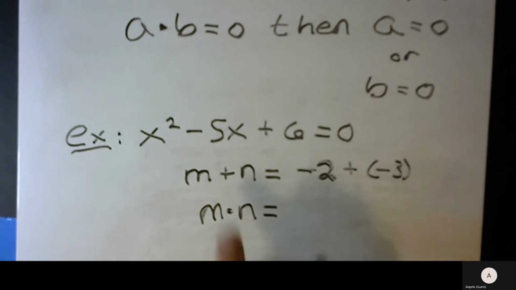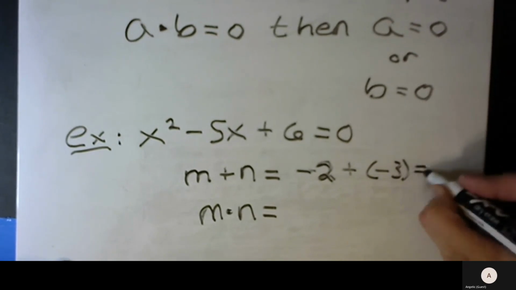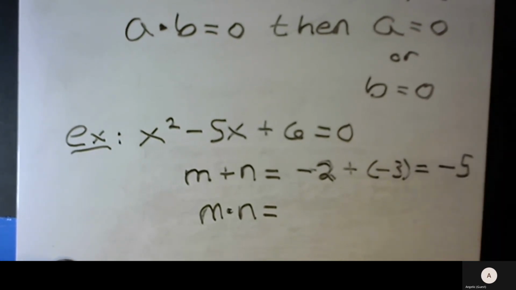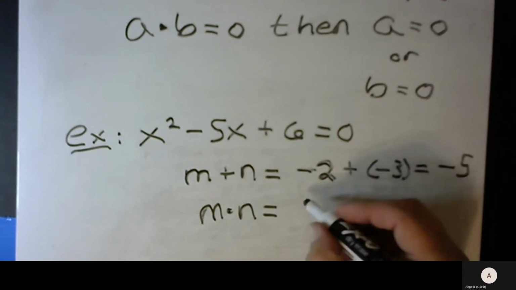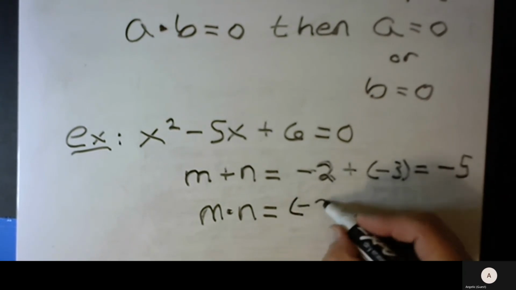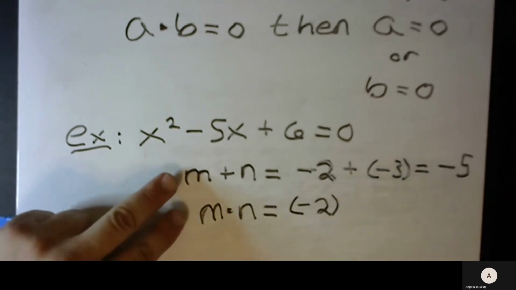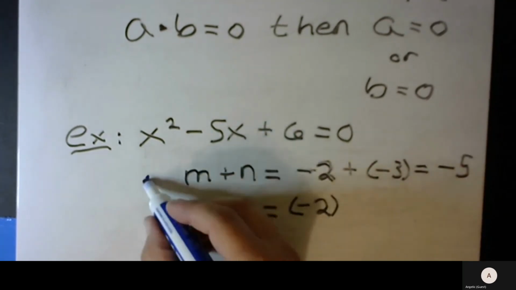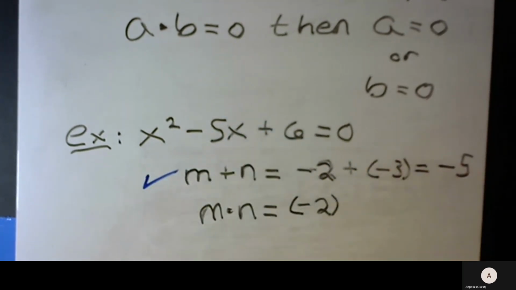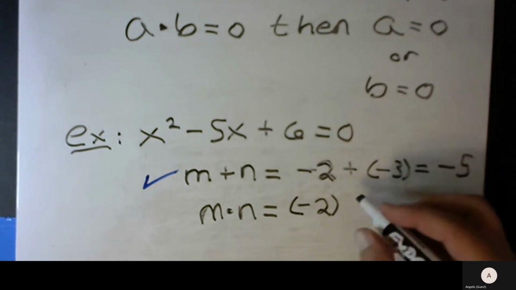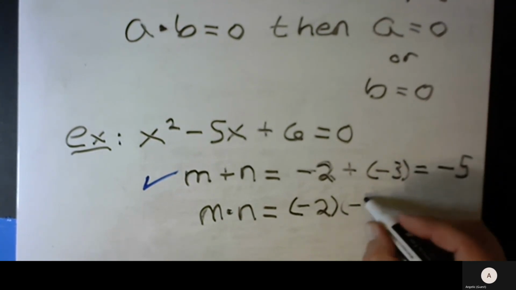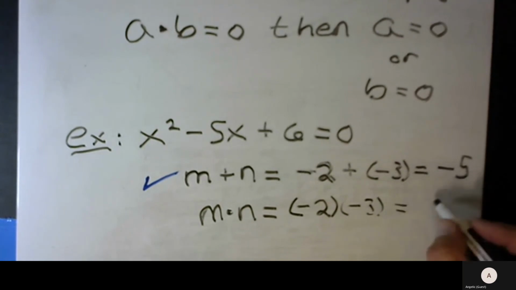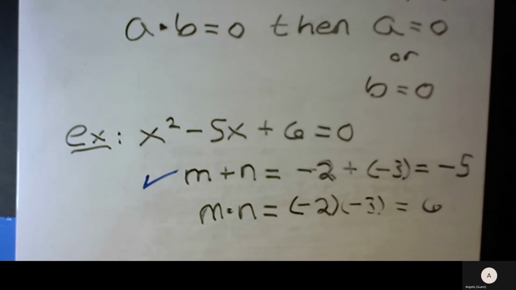Or at least they do the adding part. Will they also multiply? Because these certainly add up to -5. Well, that's good news. But do they multiply to +6? We need both of these to happen. So I'll check them off. So this one so far, this is good. We're good here. Now, if it doesn't work here, you got to come up with two more numbers. But -2 times -3 is +6.